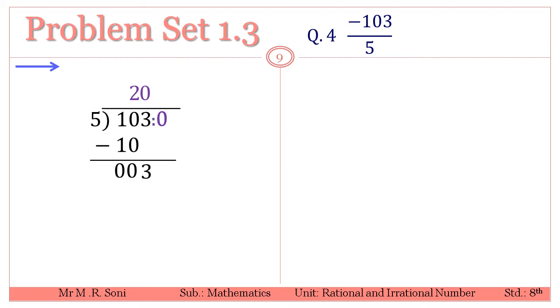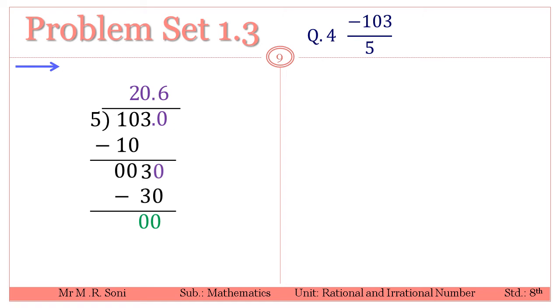The decimal point will be placed in the quotient and 0 will be taken down next to the 3. Now 30 is bigger than 5, so 5 6s are 30. The 6 will be written in the quotient and 30 will be subtracted. The remainder will be 0. It represents that the division is successfully completed.